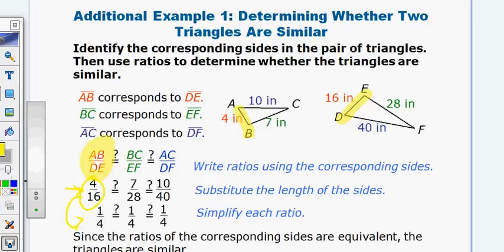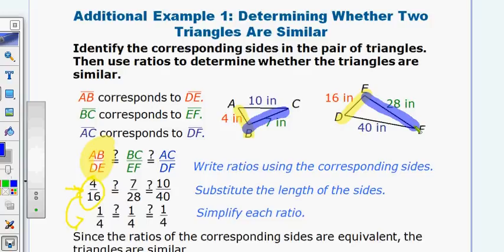So we can go through each piece of the triangle, and next we'll look at BC, side BC, and we notice that that's going to be the medium side length, and so that will actually match up to EF. Now a common mistake people are going to make here, they're going to look at the BC and see that it's the bottom part, and move over to the next triangle and try to do the same thing and say that DF is the bottom.